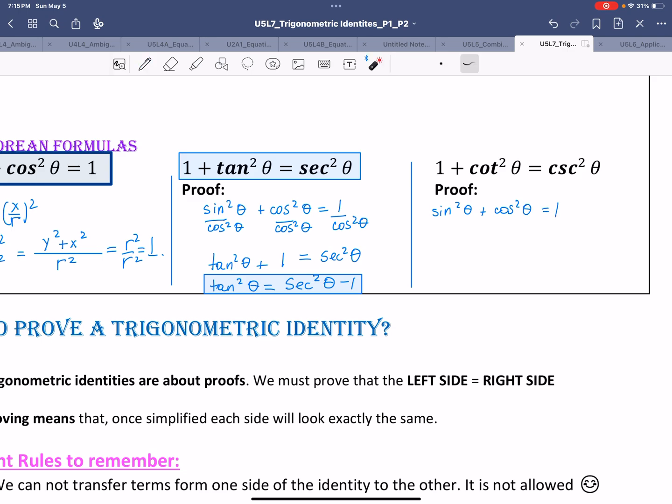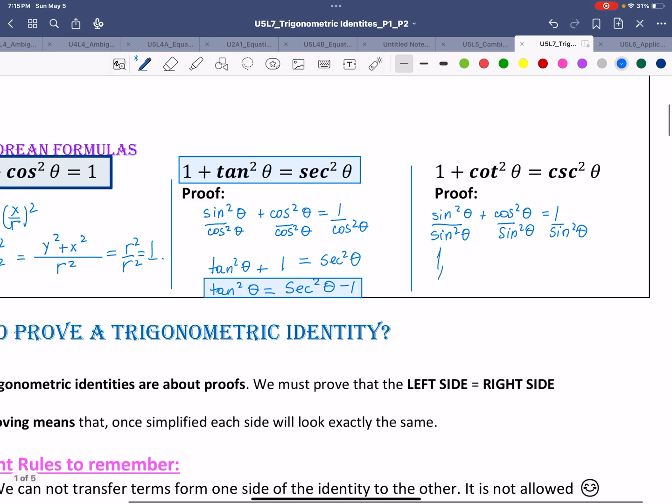But this time, instead of dividing by cosine squared everywhere, we're dividing by sine squared. When you divide every term in this equation by sine squared, then we will get sine squared over sine squared equals 1. And then cos squared over sine squared is cotan squared theta. And 1 over sine squared is cosecant squared theta.